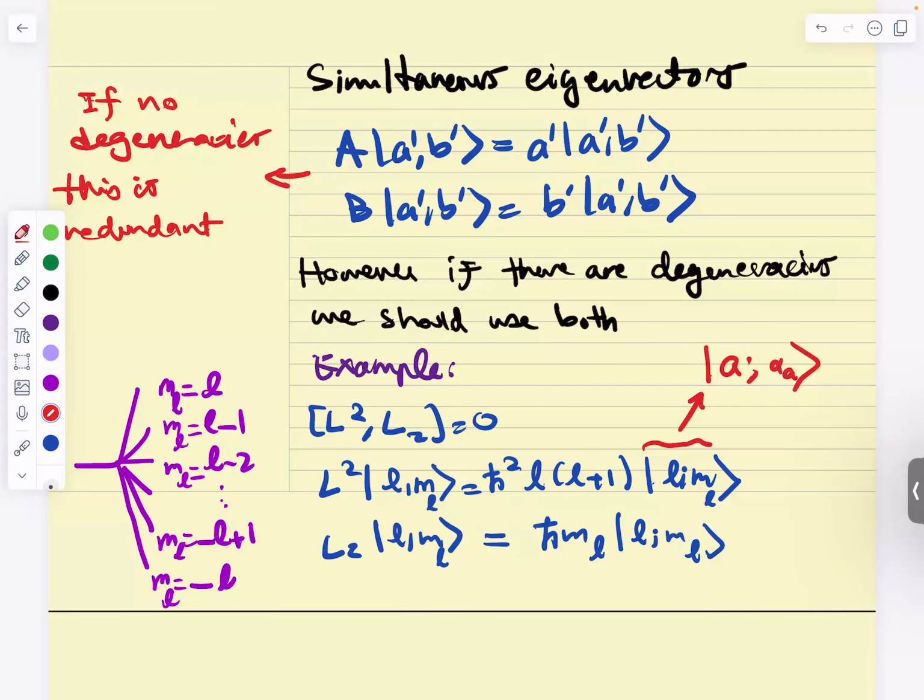I'll give you an example of the setup where A is insufficient to describe the ket because there are degeneracies. Here, A are eigenvectors of, in my example, L squared, and these are the eigenvectors of Lz, right? They're simultaneously commuting operators.